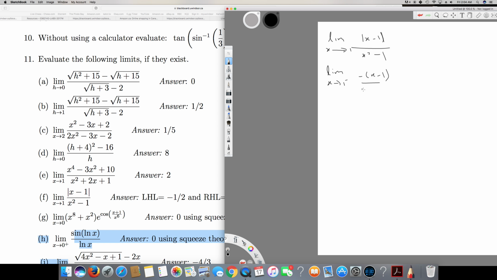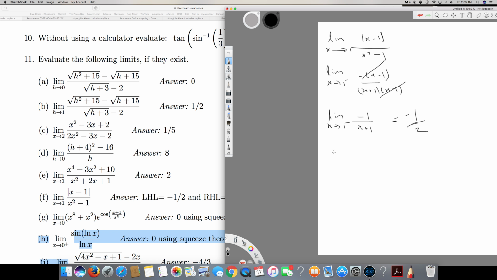I can expand it as x plus 1 times x minus 1, and x minus 1 cancels, so minus 1 over x plus 1, limit x approaches 1 minus. Now if I put 1 for the x value, it's going to be negative 1 over 2, so it's going to be negative half.